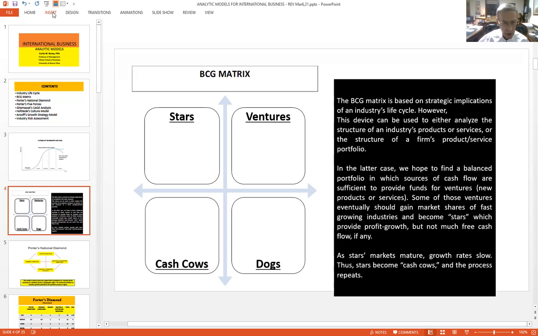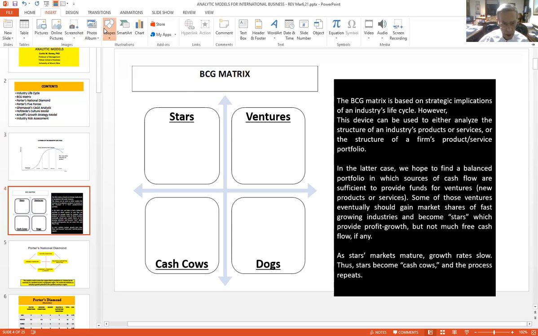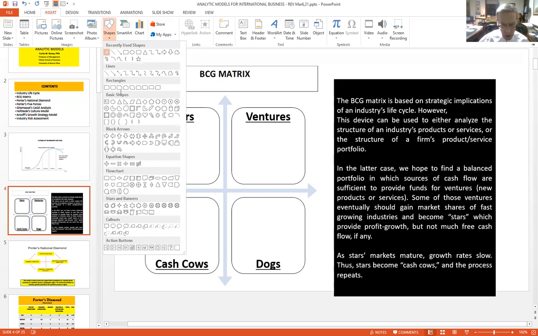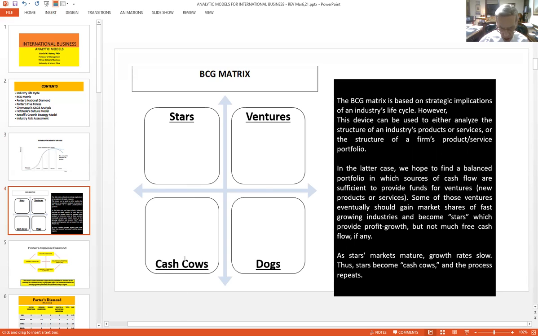Let me see if I can insert them very quickly. I'll do it in a rough and ready way here. Let's see if I can do it this way.